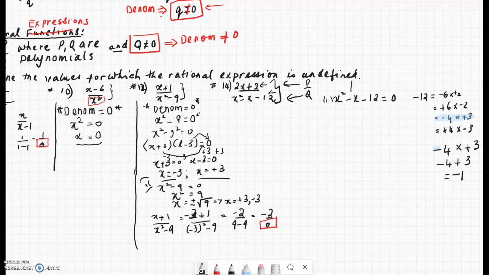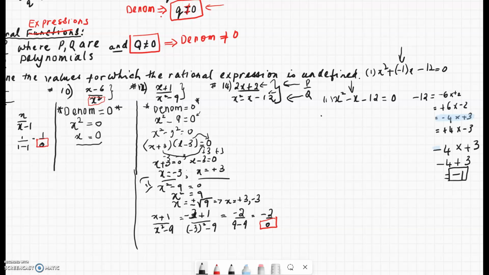And that works for us because we have negative x. So technically this is 1x squared plus negative 1x minus 12 equals 0. The coefficient of x is negative 1 and the sum of the two has to equal that.